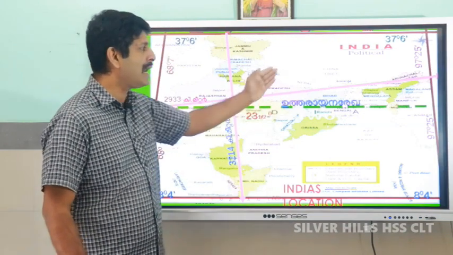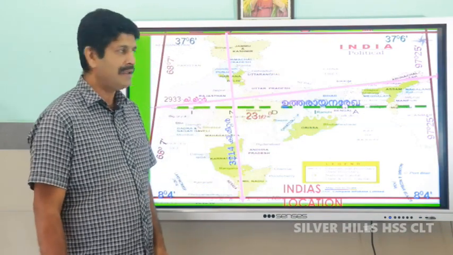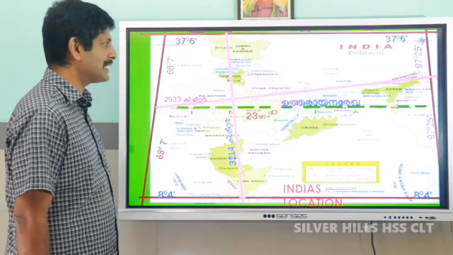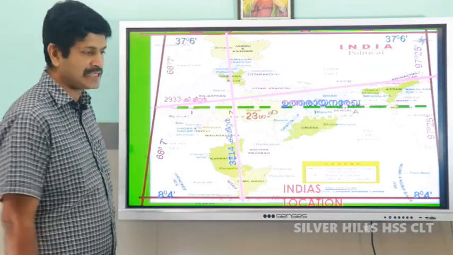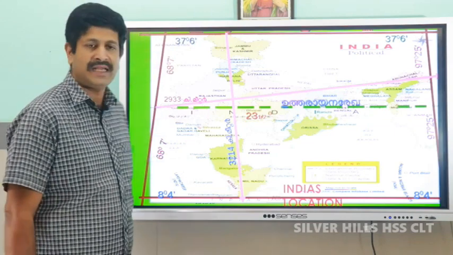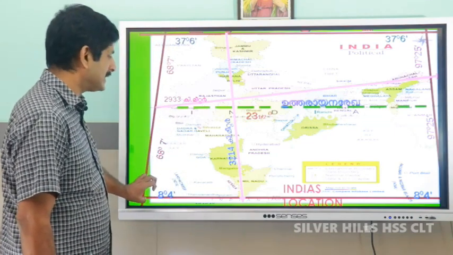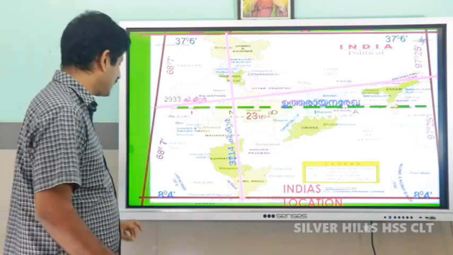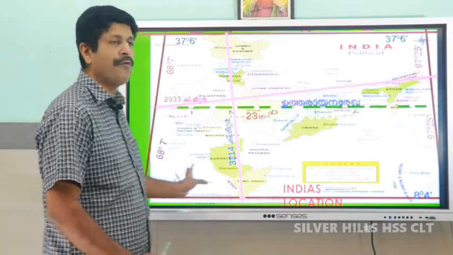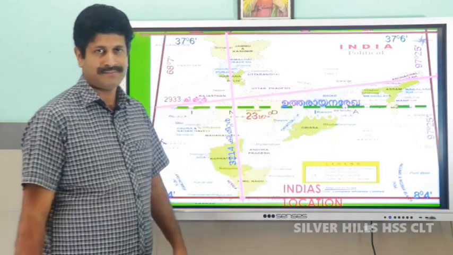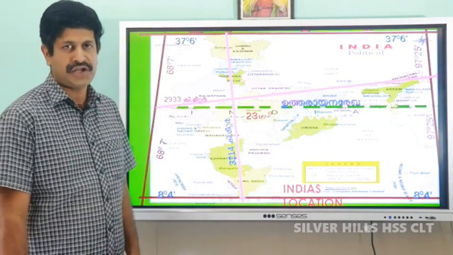This is the longitudinal extent. The latitudinal extent starts from Jammu and Kashmir, 37 degree 6 minutes, and the southern part, 8 degree 4 minutes latitude. This is all about the location.